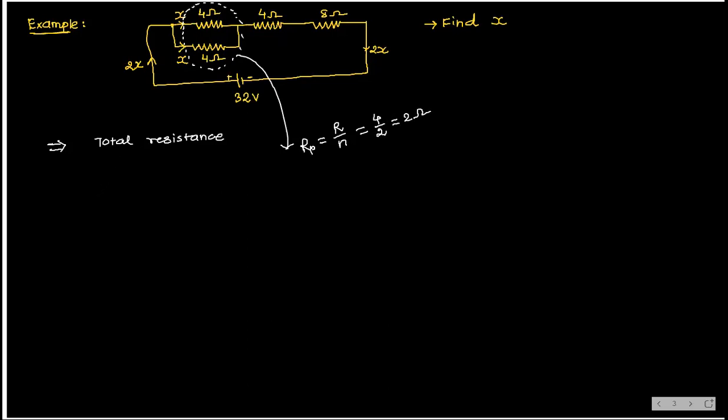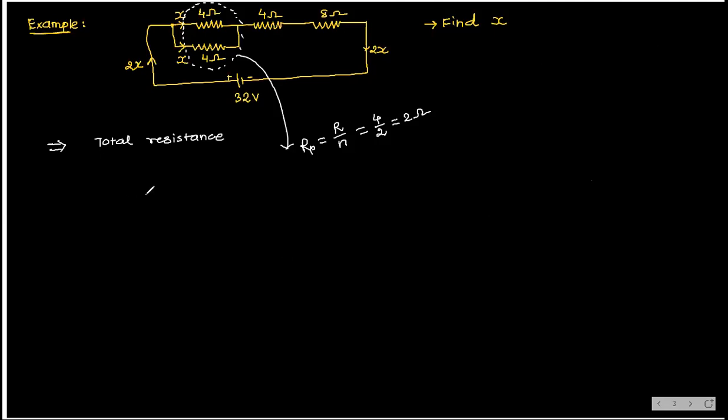Even if you do it by the 1 by RP formula, you will get the same, right? 1 by RP is equal to 2 by 4, and take the reciprocal, that is 4 by 2, which is equal to 2 ohm, right? Same, are you getting? So this is just a shortcut method. In the notes I have already given it.